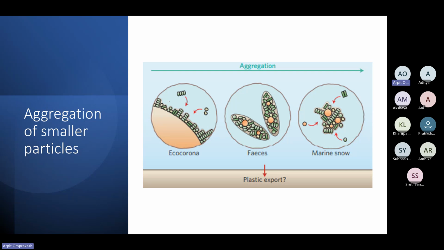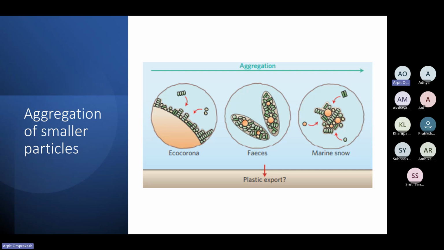So that forms an aggregation. The other thing is when a lot of microplastics are ingested by organisms and they produce feces. Their feces contain a lot of these microplastics, so that also leads to aggregation.